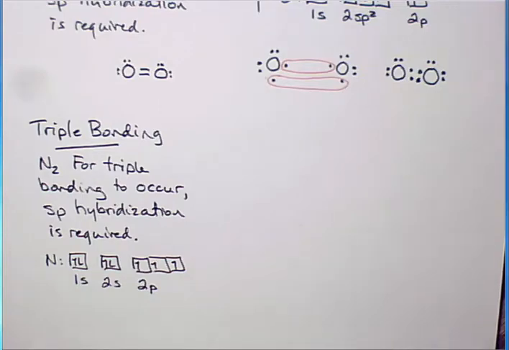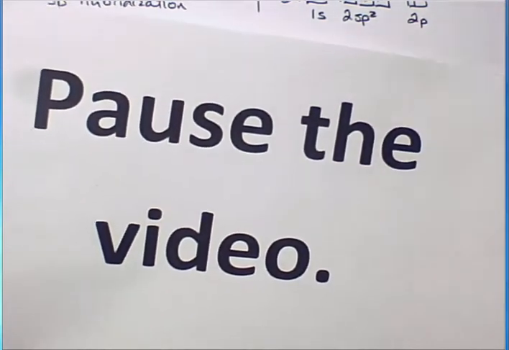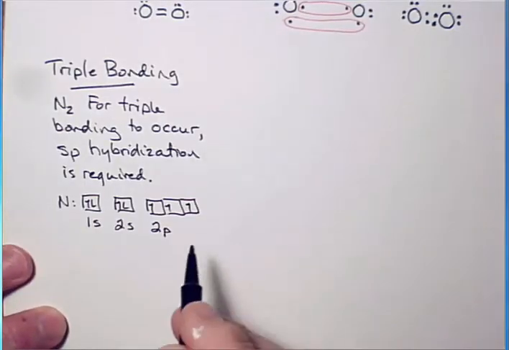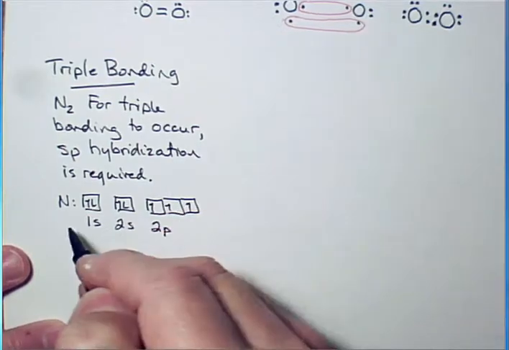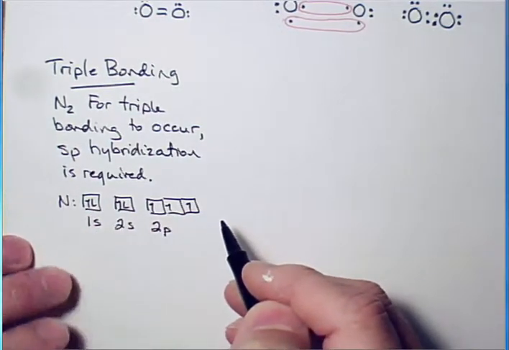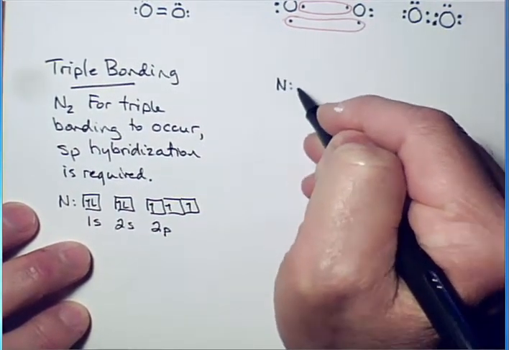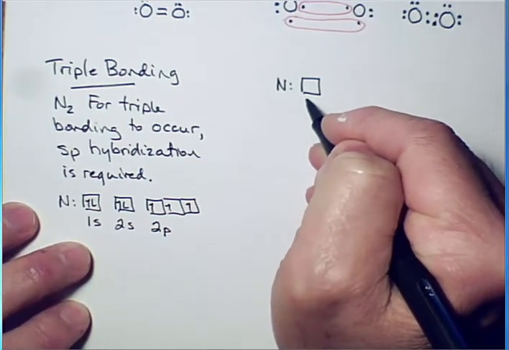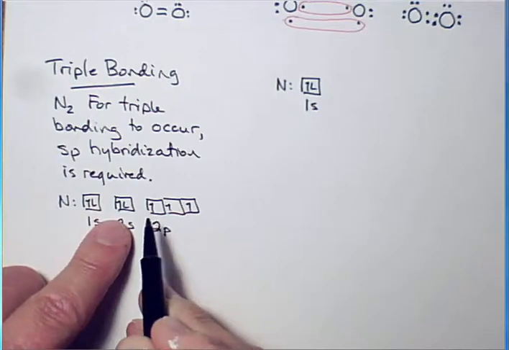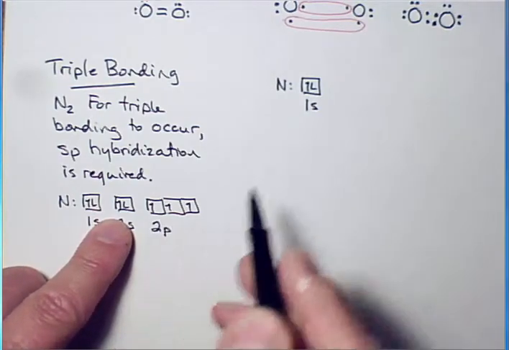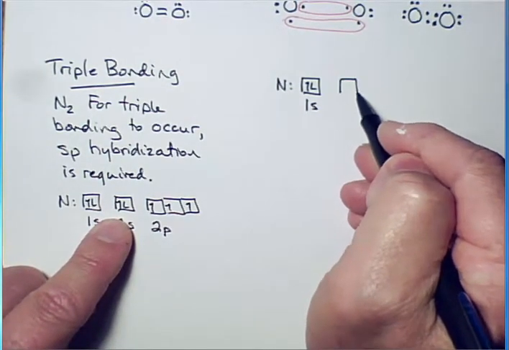Now you write the sp hybridization based on what I showed you previously. All right, so the hybridization of a nitrogen into an sp form. 1s doesn't hybridize because it's the lower energy level. We're going to take this s and this p and hybridize it.